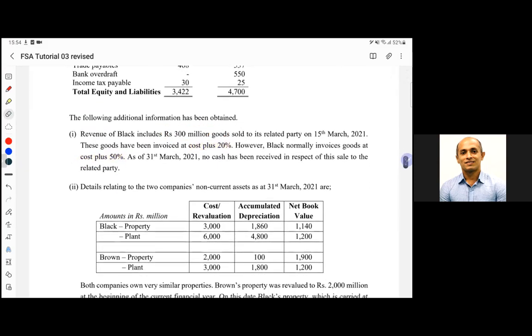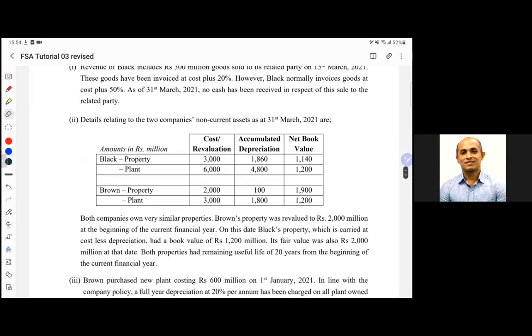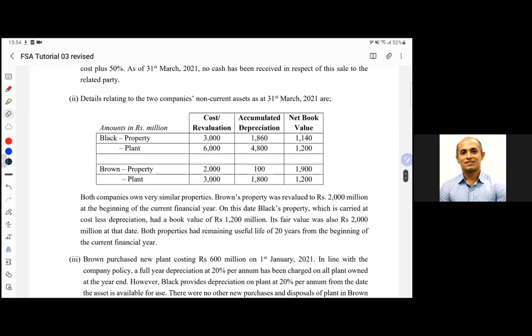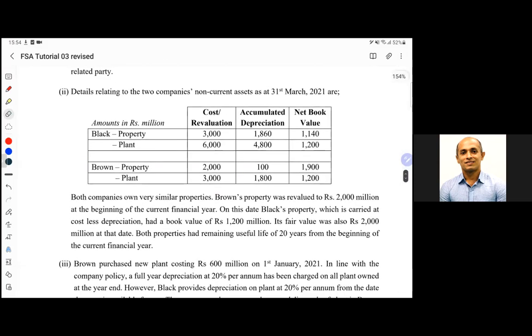You see number 2 is about property, plant and equipment.